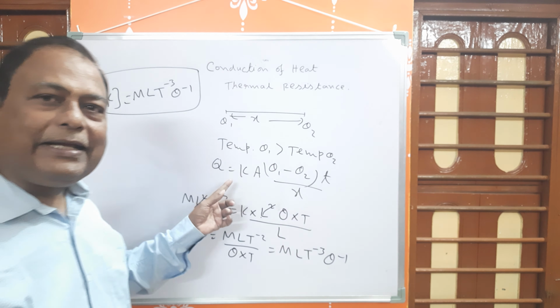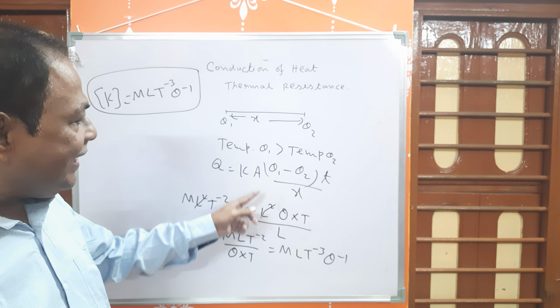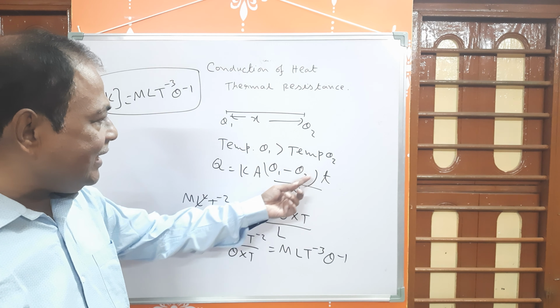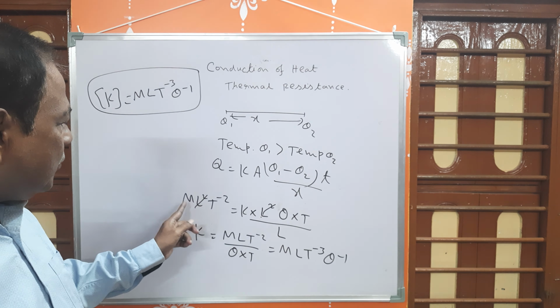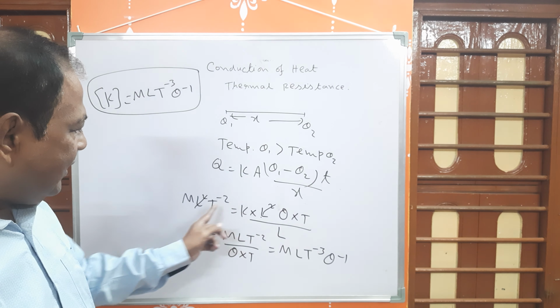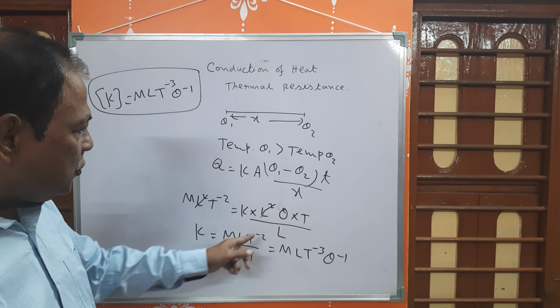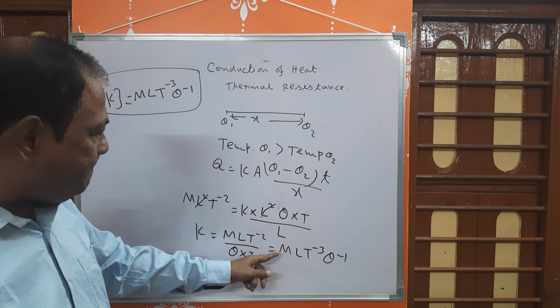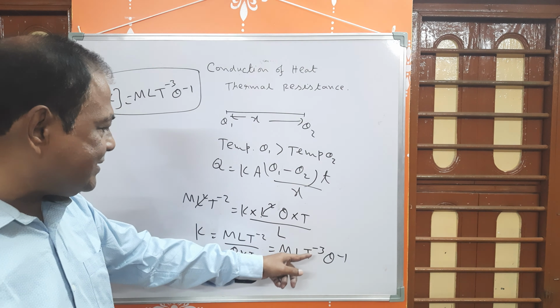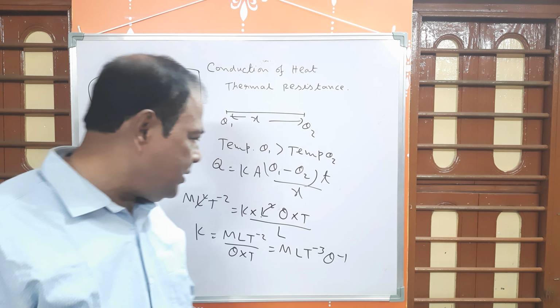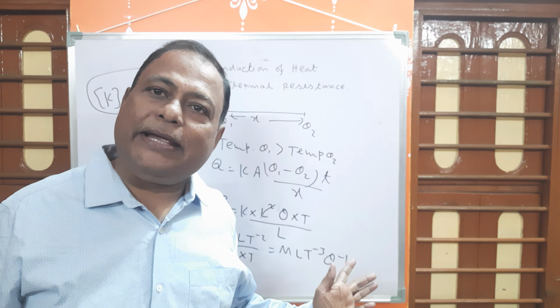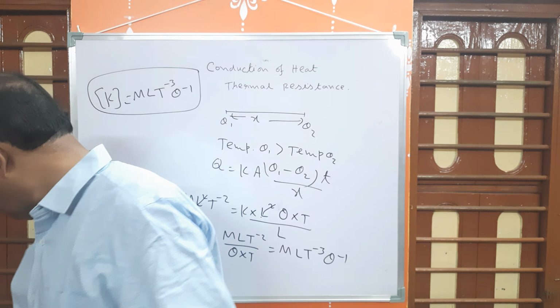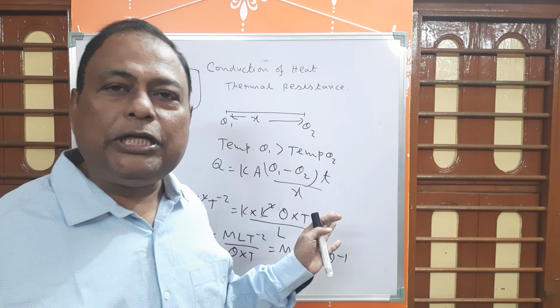K is the thermal conductivity, A is the area, L square, then this is theta, this is time T by L. So L square cancels out. K is equal to M L T to the power minus 2 by theta into T, M L T to the power minus 3 into theta to the power minus 1. After this, I discussed in my last class. Follow my last class notes, you will get it.